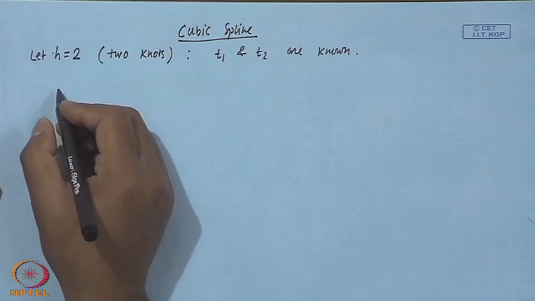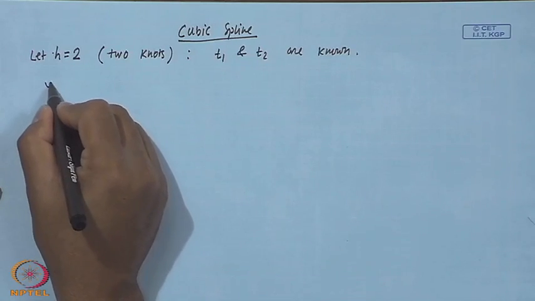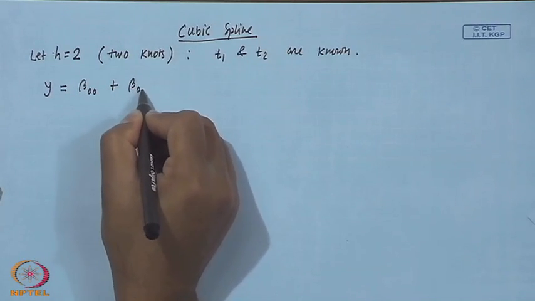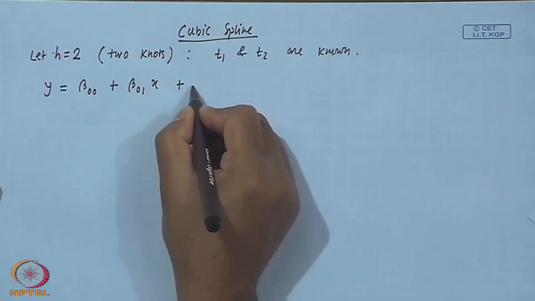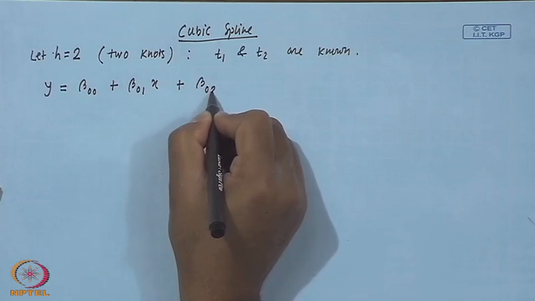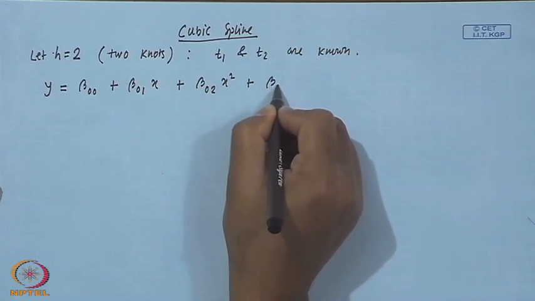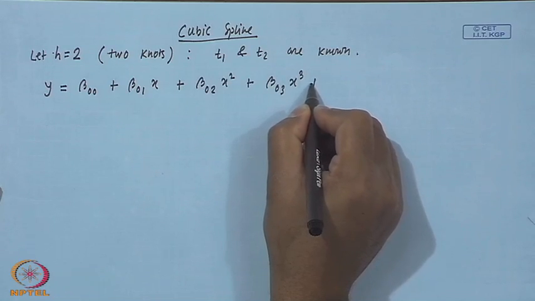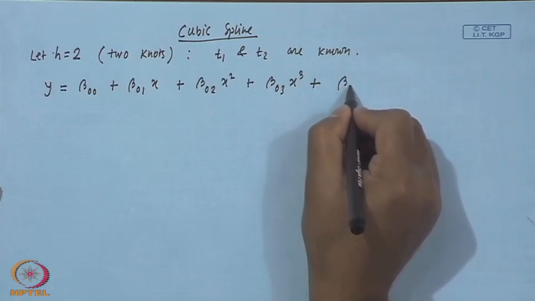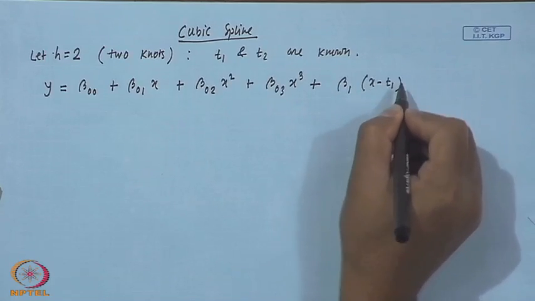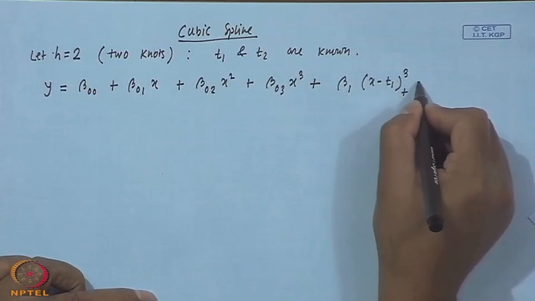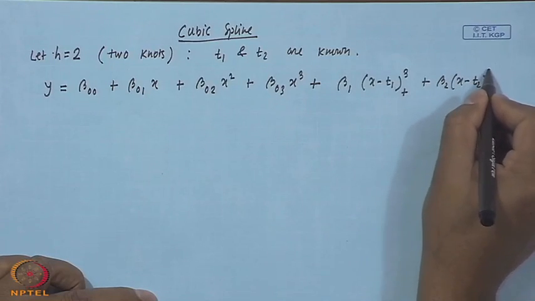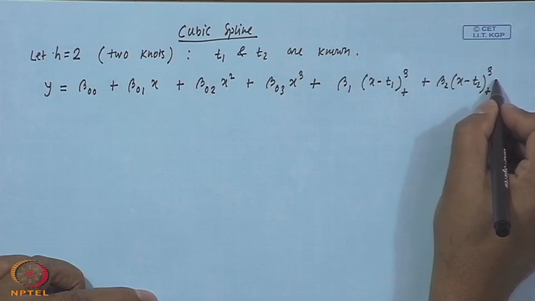So, my model is y equal to beta naught naught plus beta naught 1 x plus beta naught 2 x square plus beta naught 3 x cube plus beta 1 (x minus t 1) to the power of 3 plus beta 2 (x minus t 2) to the power of 3 plus epsilon.